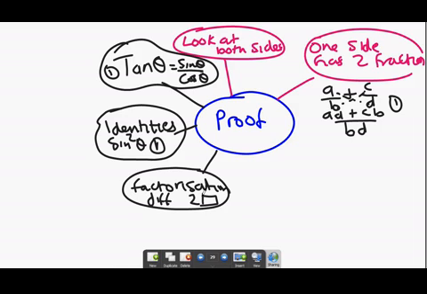Usually with difference of two squares, I normally apply it when I see something like sine theta minus cos theta, or cos theta plus sine theta, or 1 plus sine theta. These are things that you look out for when we are talking about a difference of two squares.